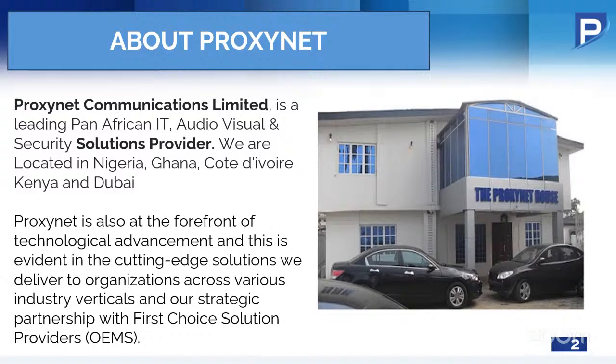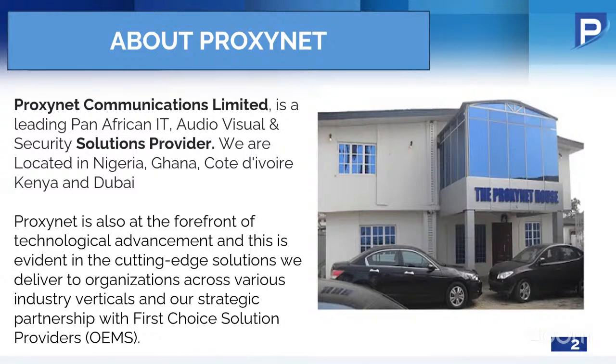We are located in various countries on different continents: Nigeria, Ghana, Cote d'Ivoire, Kenya, and we also have a Dubai office. And of course, we are still expanding. It's important to know that Proxinet Communications is at the forefront of technology advancement, and this is evident in the cutting-edge solutions that we deliver to various organizations across various industry verticals.